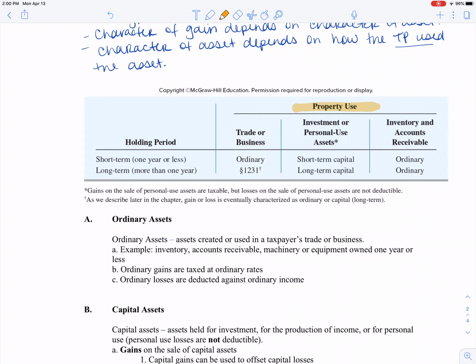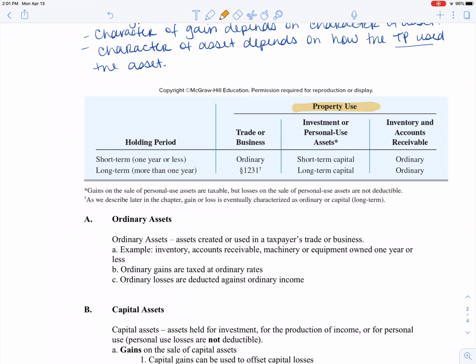If they're used for investment purposes or for personal use, if you've held them for less than a year, they're short-term capital. If they're held for more than a year, they're long-term capital. And then finally, if you have inventory or accounts receivable, those are considered ordinary.